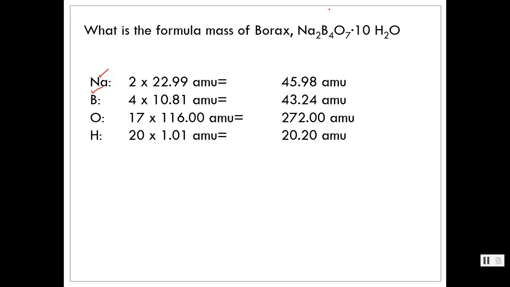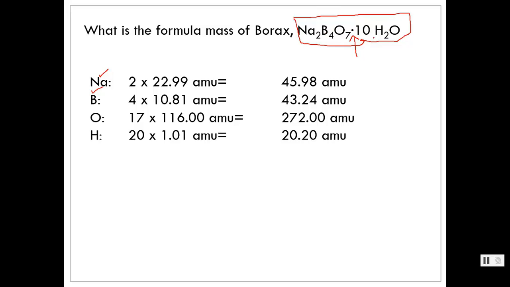Now oxygens. How many oxygens are in this molecule? We said that hydrates have water molecules associated with them, and we'll talk more about this in the hydrates lab, but that little dot in there just means that the water molecules are loosely associated with this part of the molecule.